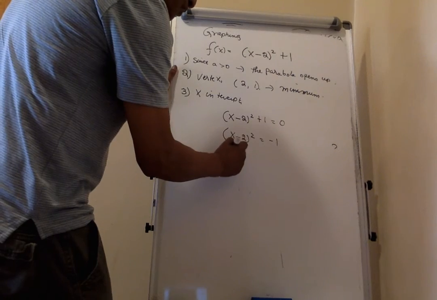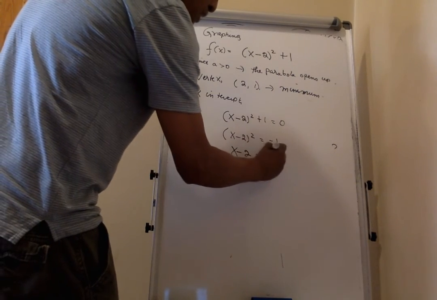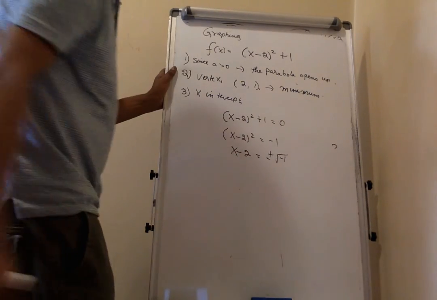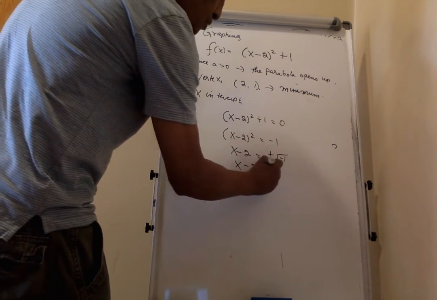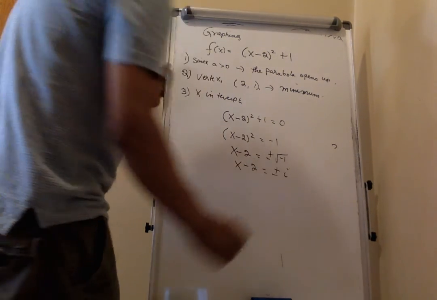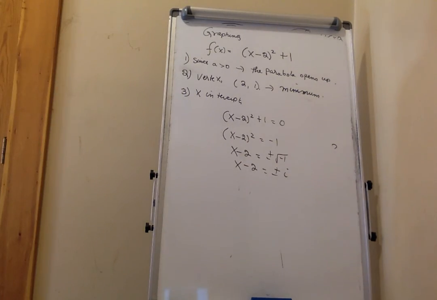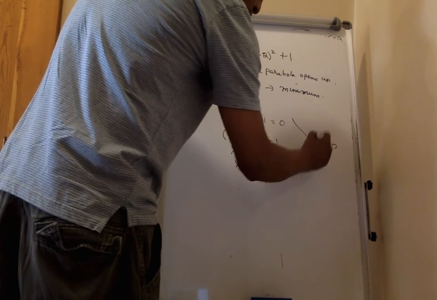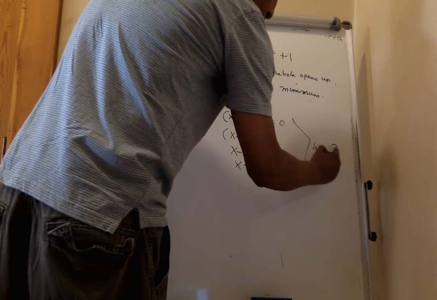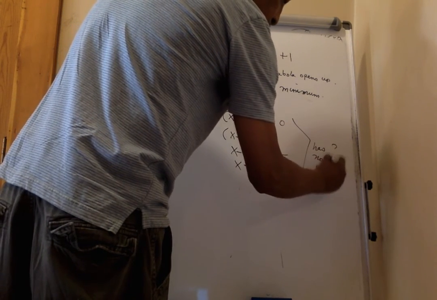Then x - 2 is plus or minus the square root of negative 1, which means x - 2 is equal to plus or minus i. You know i is not a real number. You cannot find it in the graph. So this graph has no x-intercept.